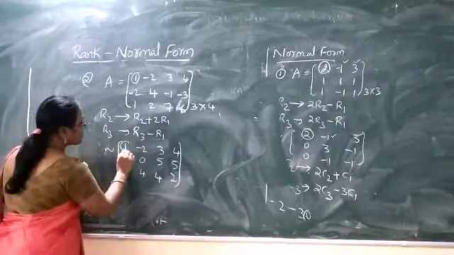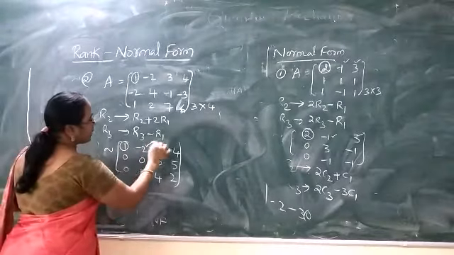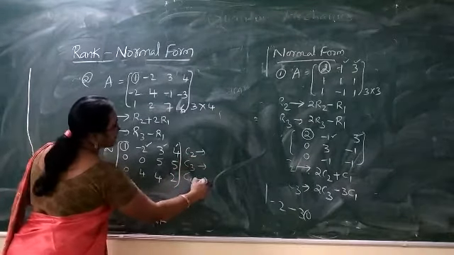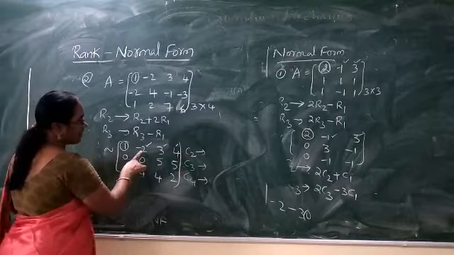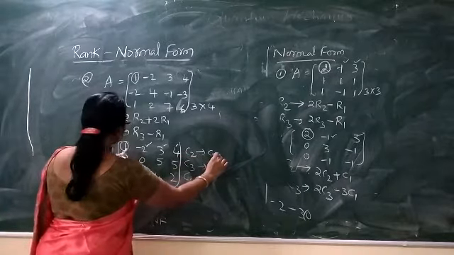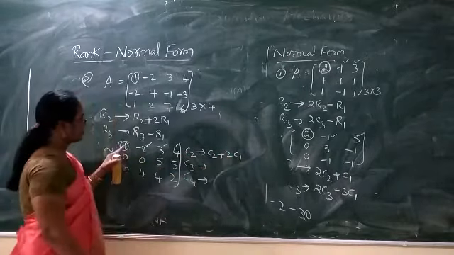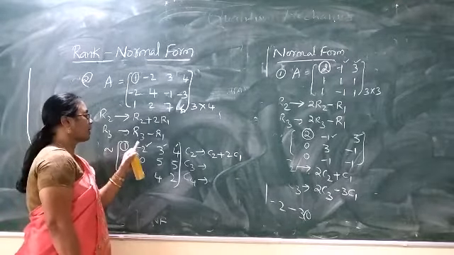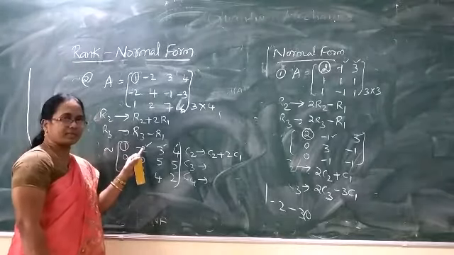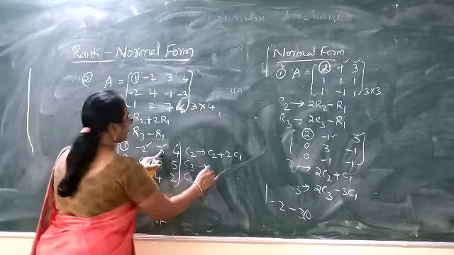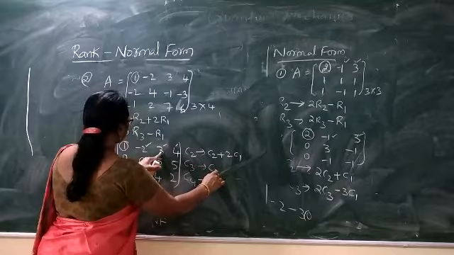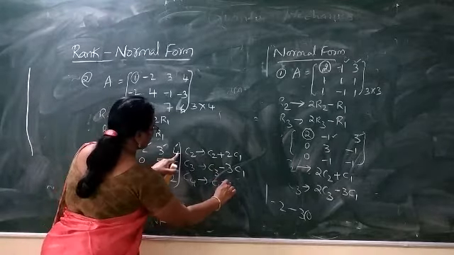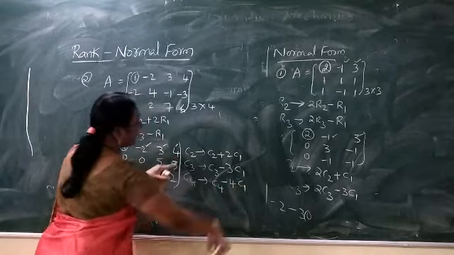Now using the same pivot, we have to make the elements minus 2, 3, 4 zeros using C2, C3, C4 changes. C2 already has minus 2, so it is C2 plus 2C1. To make this 3 zero, we have C3 minus 3C1. Similarly, to make this 4 zero, we have C4 minus 4C1.